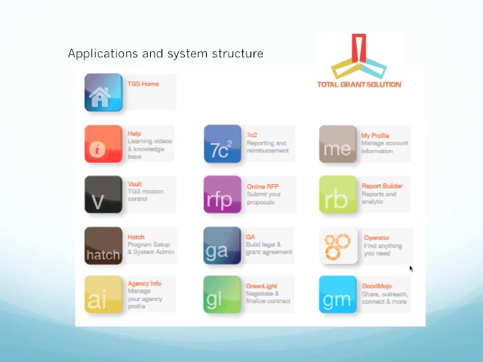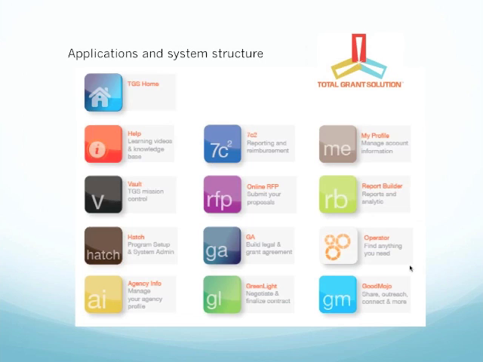What you're seeing on the screen right now is the TGS structure. Total Grant Solution is an end-to-end grants management system. It's designed as applications handling different processes of the grant making process.